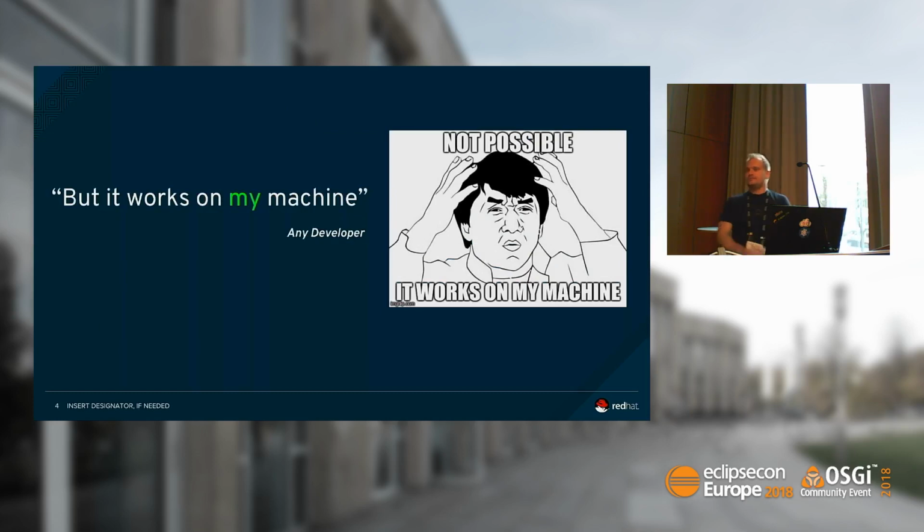So what are the typical problems that Eclipse Che is trying to address and solve? I think this is the most common phrase when two people work on the same project but use it in different environments: it works on my machine. It always does. I mean, if it doesn't work on my machine, then probably I'm doing a poor job as a software developer. It has to work on my machine.